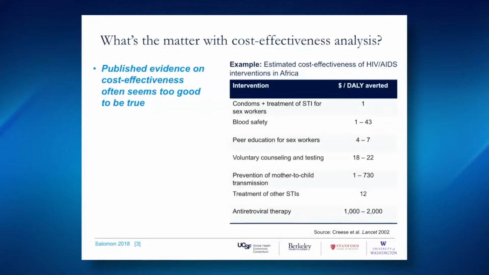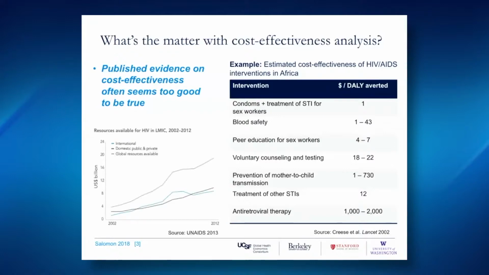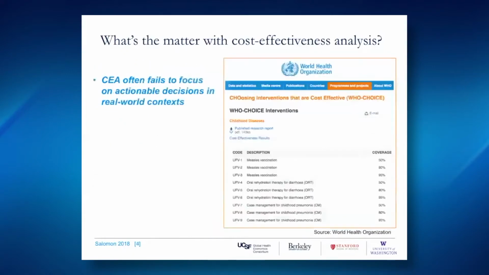Again, extraordinarily high value for money. But if you look at the many dollars that have been spent on HIV over the last number of years, a lot of that, it should be said, on treatment, but a fair number of dollars as well on prevention, you'd be forgiven for asking, where are all the success stories if there are so many very high-value interventions? And so I think that speaks to this concern that perhaps a lot of these published results are simply not credible and too good to be true.